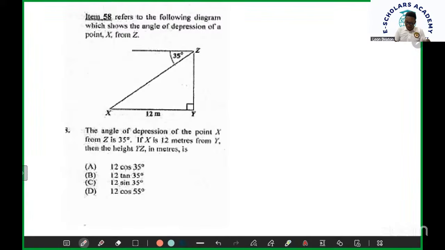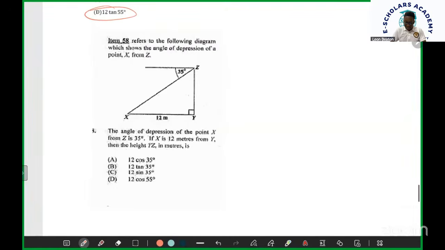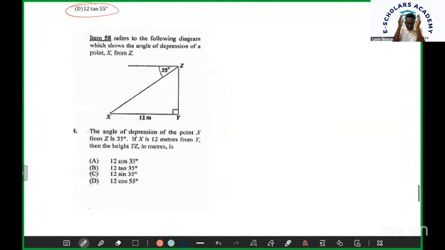If X is 12 meters from Y, then the height YZ is, so YZ, which is here. It looks very similar to the two we did above, but it's slightly different. That is why you have to be careful when you say the questions repeat. You want to read them carefully and work them out.